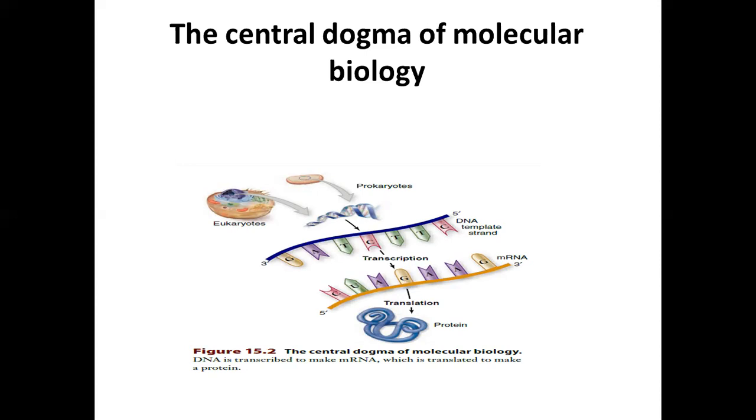When we look at the central dogma of molecular biology, which links DNA replication, transcription, and also translation, it tells us that the base sequence of DNA would determine the base sequence of messenger RNA, of which the base sequence of the messenger RNA is going to determine the amino acid sequence for the proteins that are going to be translated.